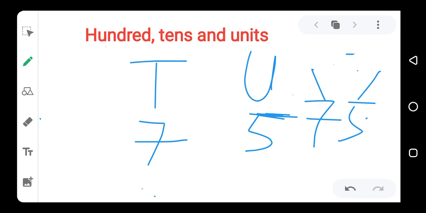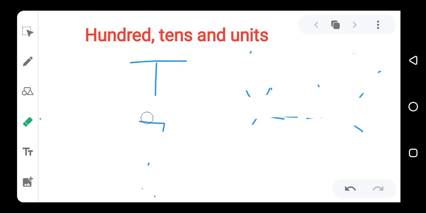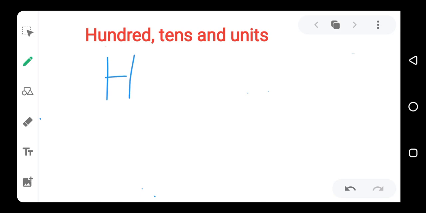Now I said that today we are going to learn hundreds, tens, and units. So we are adding another place, hundreds. Hundreds, tens, and units. H is for 100, T is for tens, and U is for units.